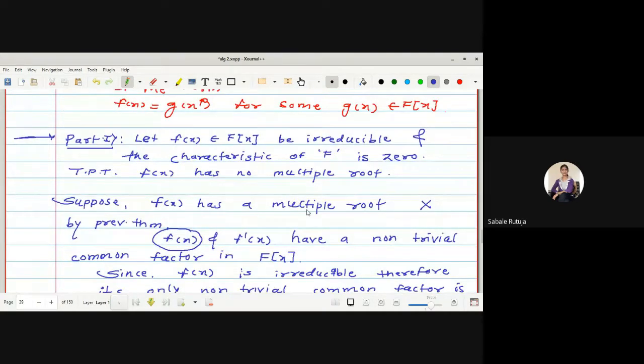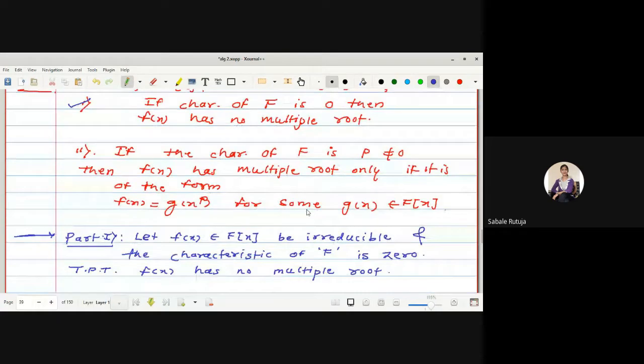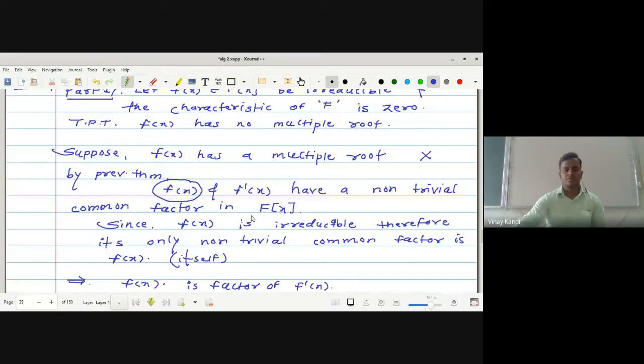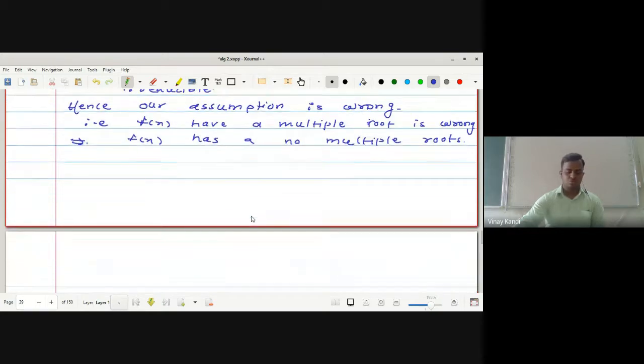Now, in part two, if the characteristic of F is p, which is not equal to 0, then f of x has a multiple root only if it is in the form of g of x raised to p. Part 2.